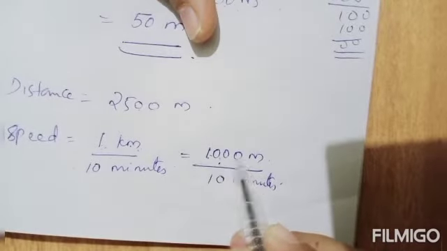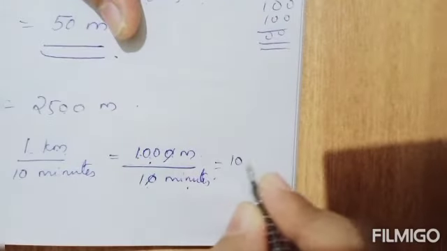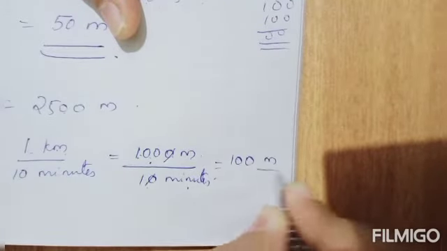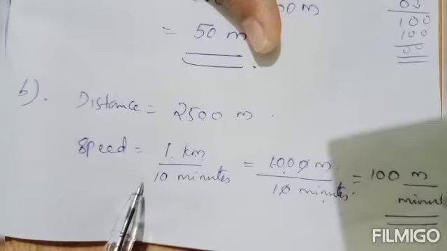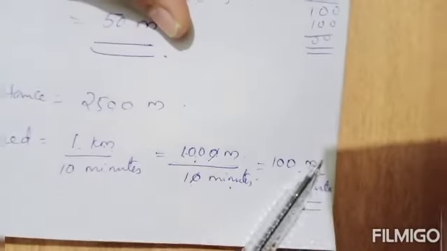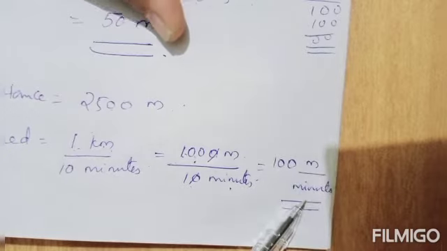You can divide this 1000 by 10. You will get 100. Okay, so it is 100 meter per minute. Speed 1 kilometer per 10 minutes, we are converting to meter per minute. So you got 100 meter per minute.